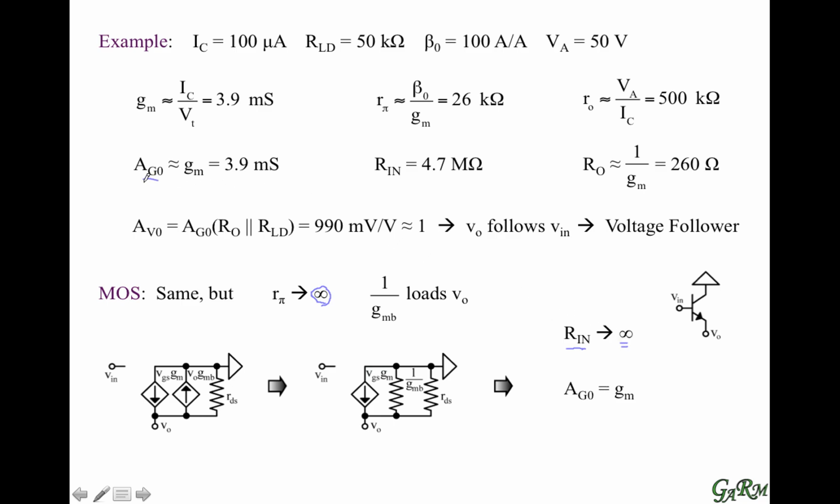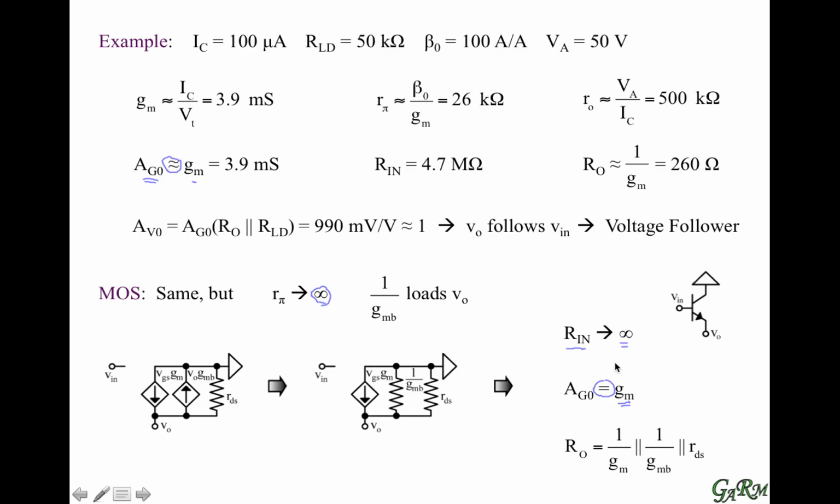The original was 1 over R pi plus GM, but since R pi tends to infinity, 1 over R pi tends to 0, and the short circuit transconductance reduces to just GM. If you notice here, I'm using an equal sign instead of an approximately equal sign as for the BJT, and that's because there is no R pi in the MOSFET.